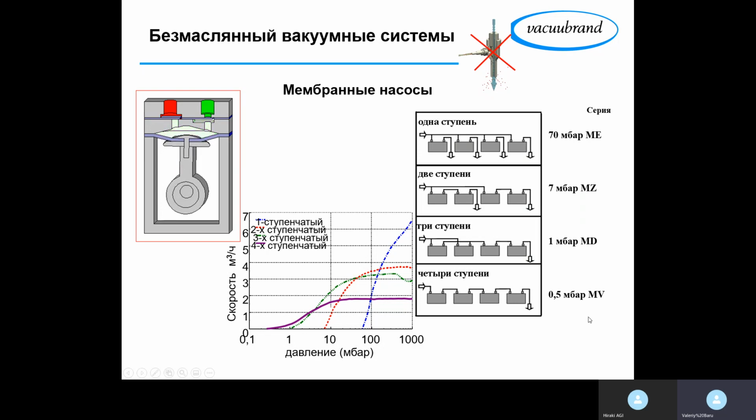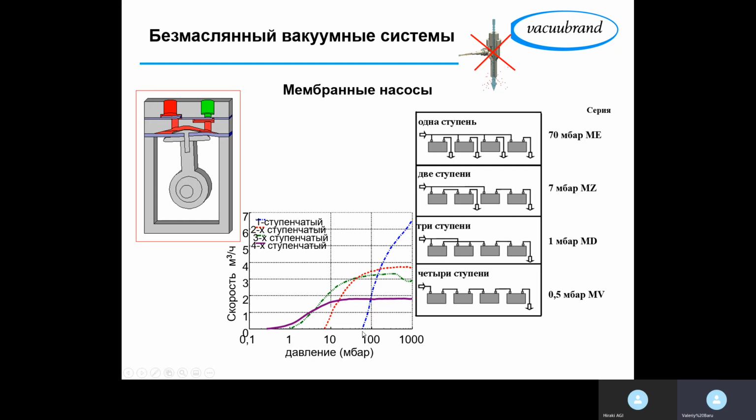In case of the four-stage pump, we can reach up to 0.5 millibars. Vacuubrand and others made some investigations. They tried to create a five-stage pump, but due to physical limitations, it doesn't give any additional advantages in terms of the vacuum that can be reached. So they stopped at the four-stage pumps.